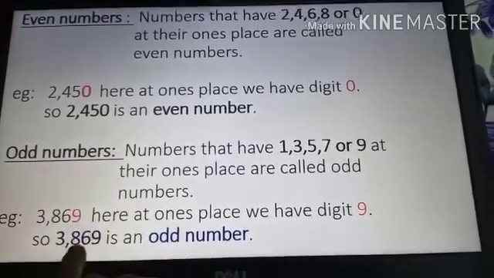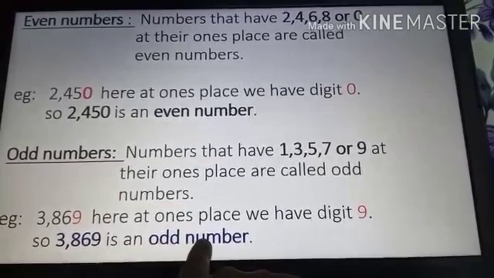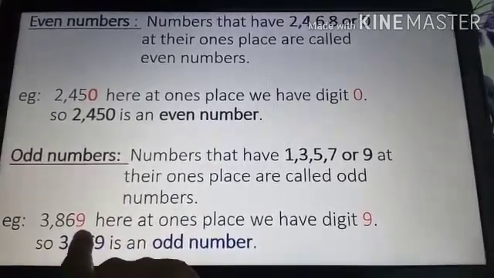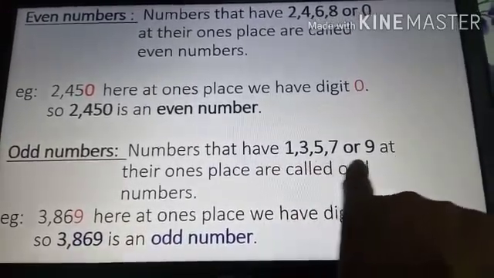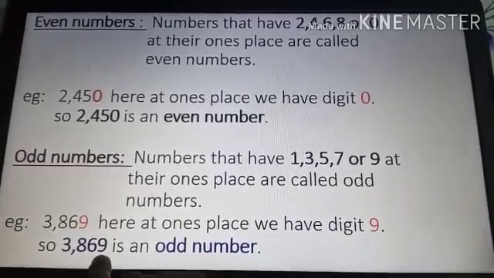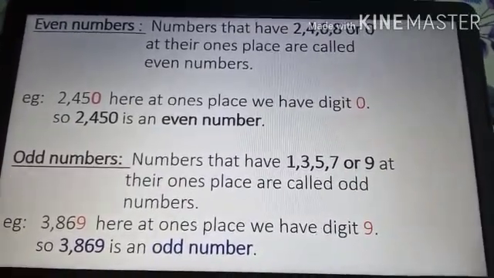Yes. So the number 3869 is an odd number. We have to take the digit at the ones place. Here it is 9, one of the odd digits. So it is an odd number. I hope you understood. Now we will do the next questions.